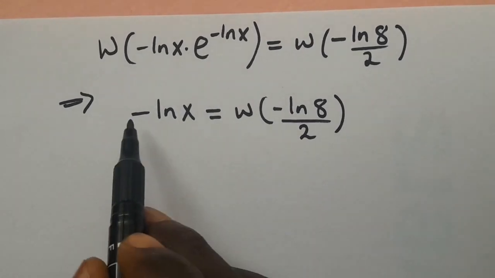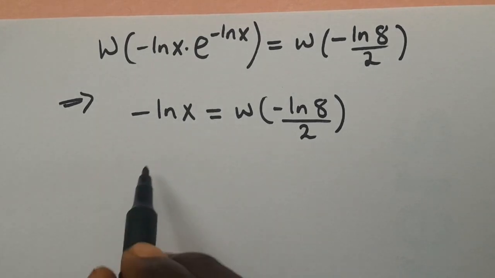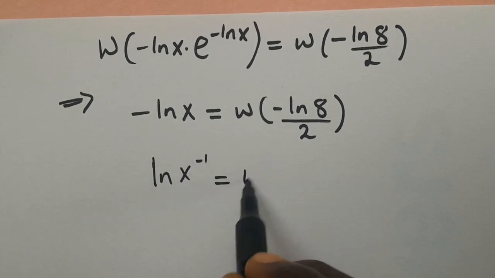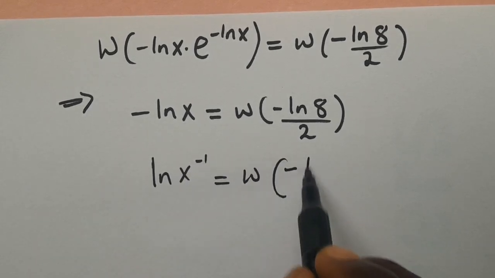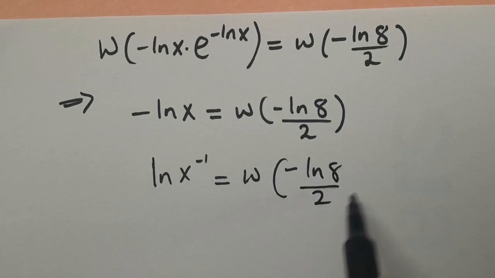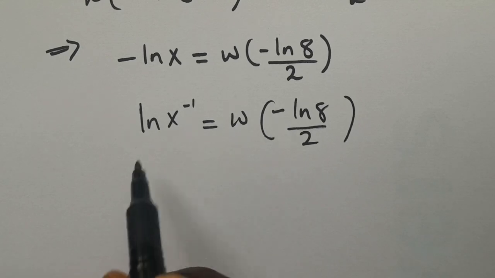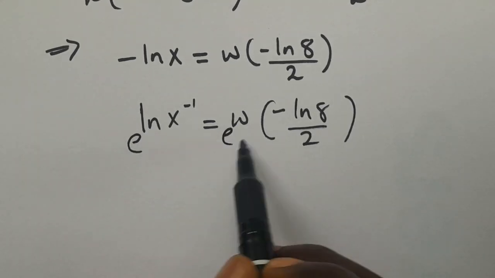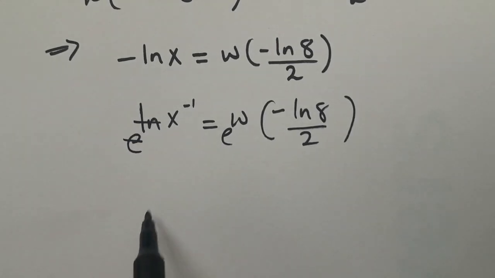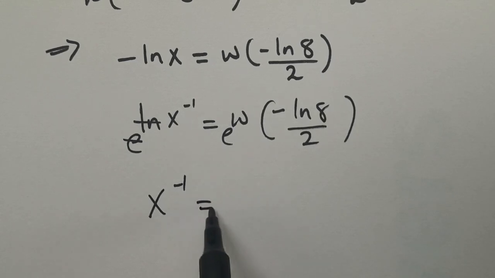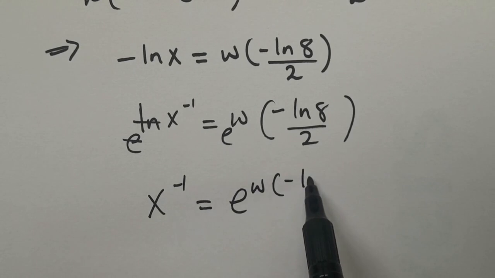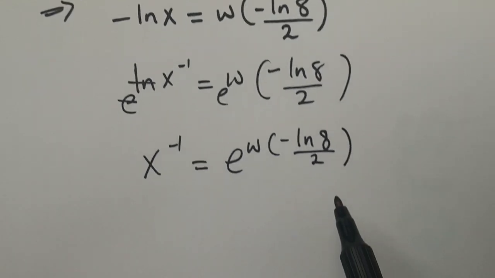So let's take the negative back to the power here. We have ln of x to the power of minus 1 equals W Lambert function of minus ln of 8 divided by 2. So we want to eliminate this to get the value of x. Raise the power as this. This will cancel this. We have x to the power of minus 1 equals e to the power of W Lambert function of minus ln of 8 divided by 2.